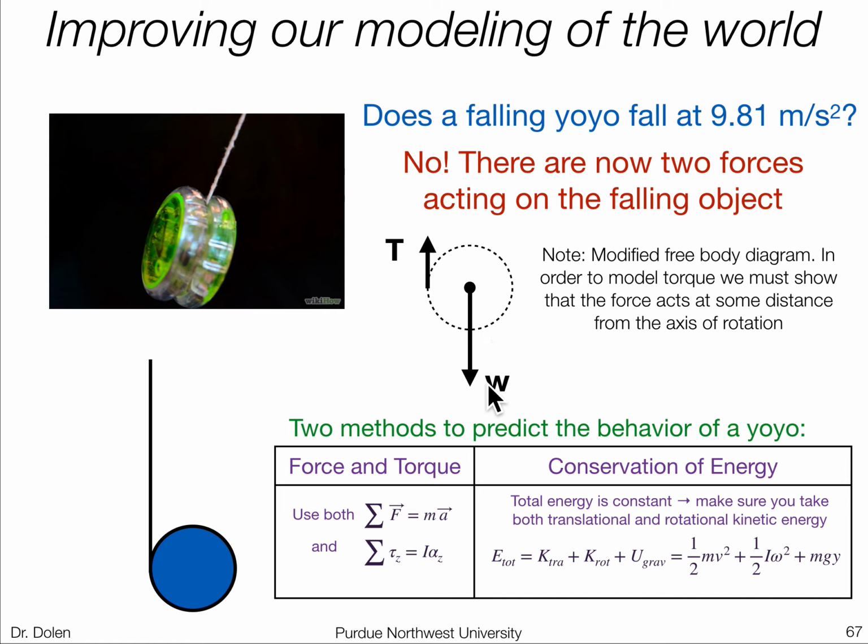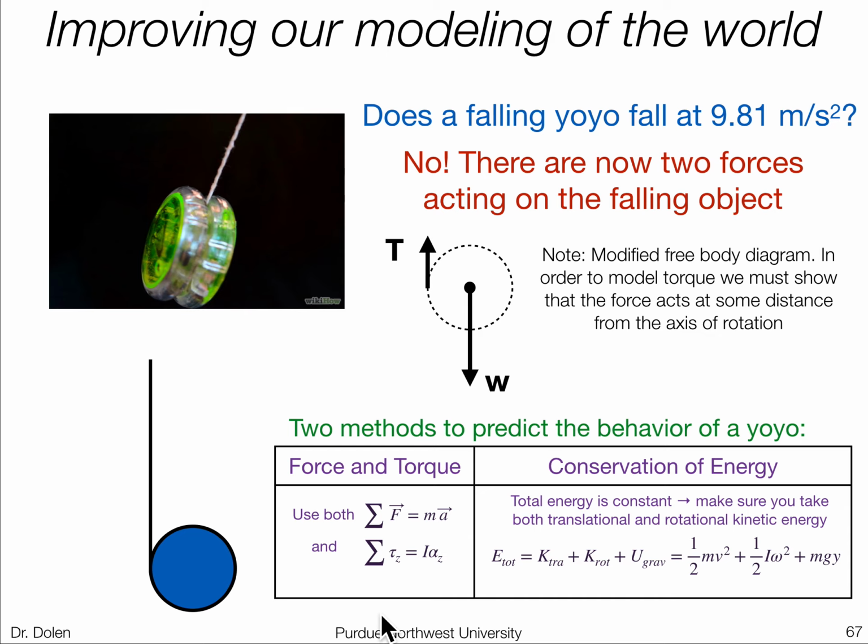Weight is acting on the center of mass, so that's not causing any torque. But then this tension force is applied at some distance away from the axis of rotation. So I'd have to show that this force is applied at some distance, and therefore it's going to cause a torque. And I'd have to take that into account using torque equals I alpha, and I could use these equations to solve and predict the behavior of this yo-yo and find its acceleration and things like that.